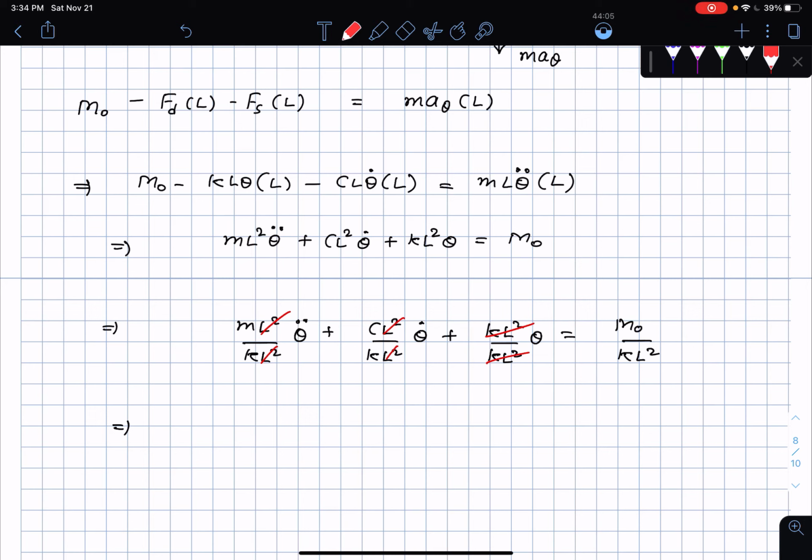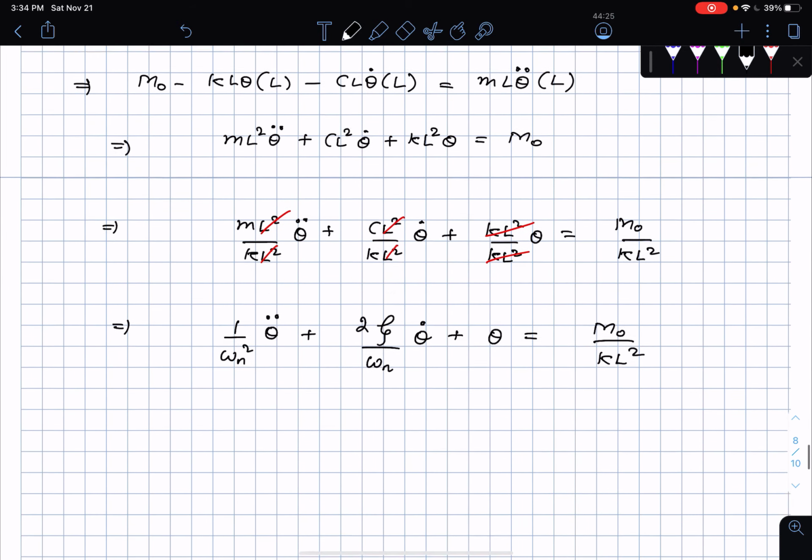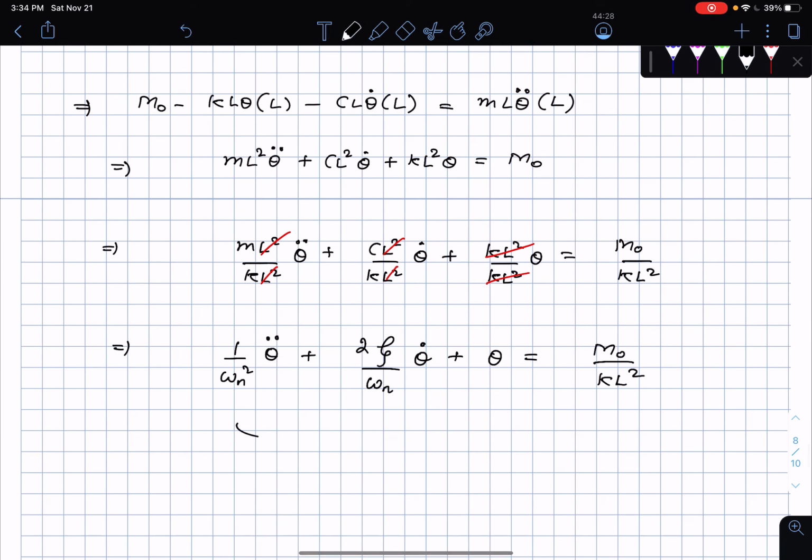Then you write it in the standard form. m by k is 1 by omega n square, so this is 1 by omega n square theta double dot, and then I'm going to have this as 2 times zeta times omega n theta dot, and then this is just going to be theta, equal to M naught by kL square. So this is going to be the equation of motion.